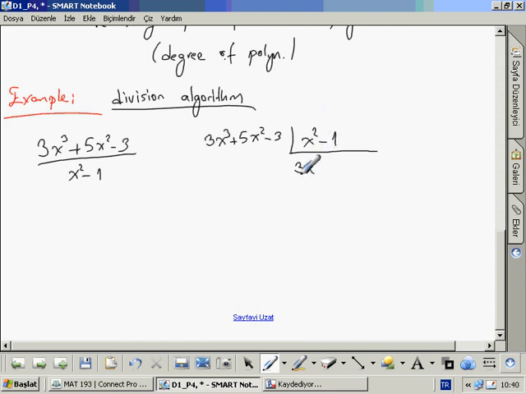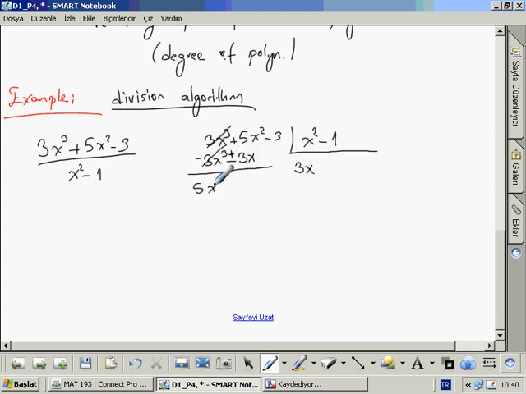So we write 3x here, and 3x cubed minus 3x. When you subtract, the second part's signs will be changed, minus to plus, plus to minus, so this part will be cancelled.